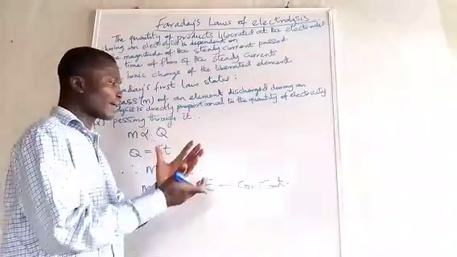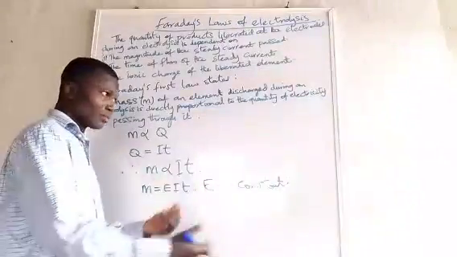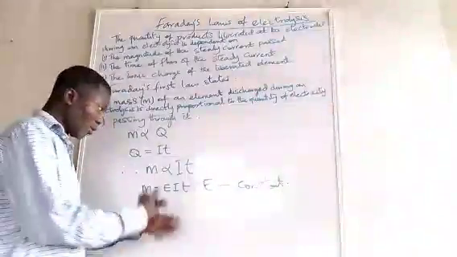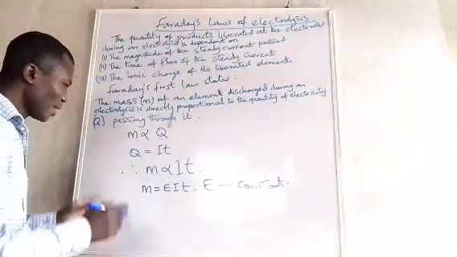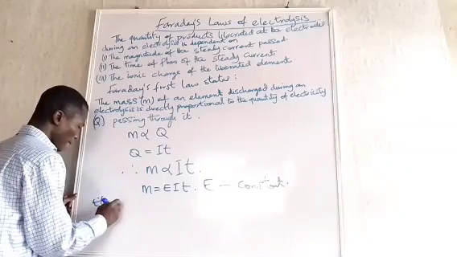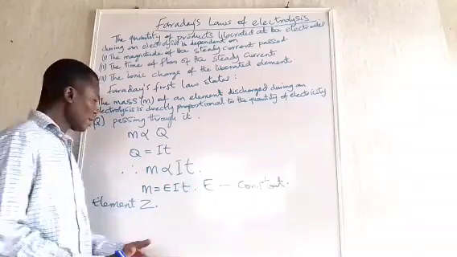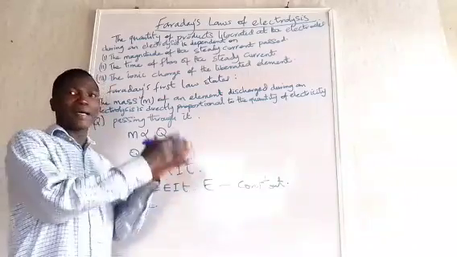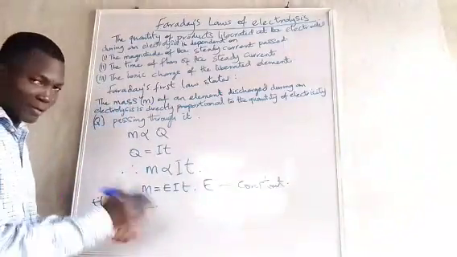We have a current passing through the same element with different values of current and time. Now, what do I mean? Let's talk about one specific element, like element Z. E will be the same for Z, either in the tropics or in the Sahara. E will be constant every time.